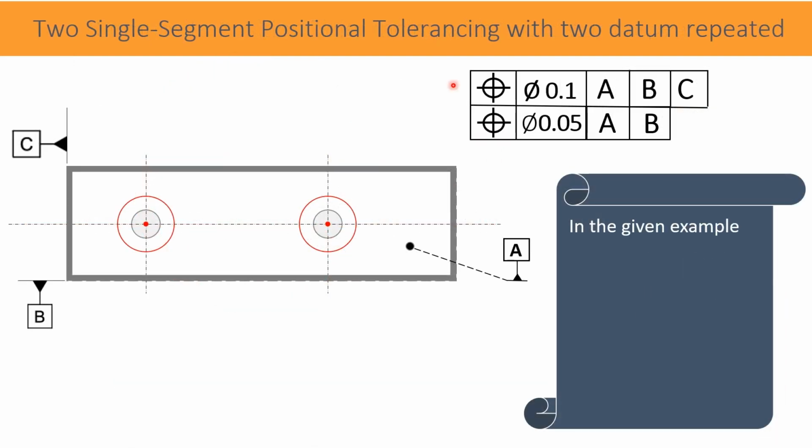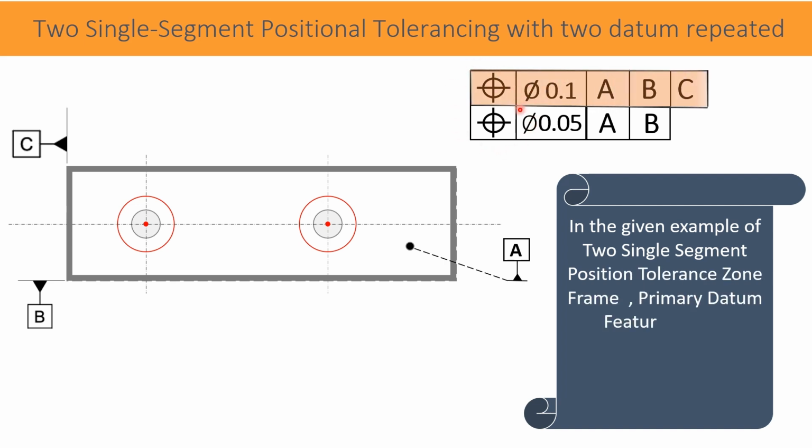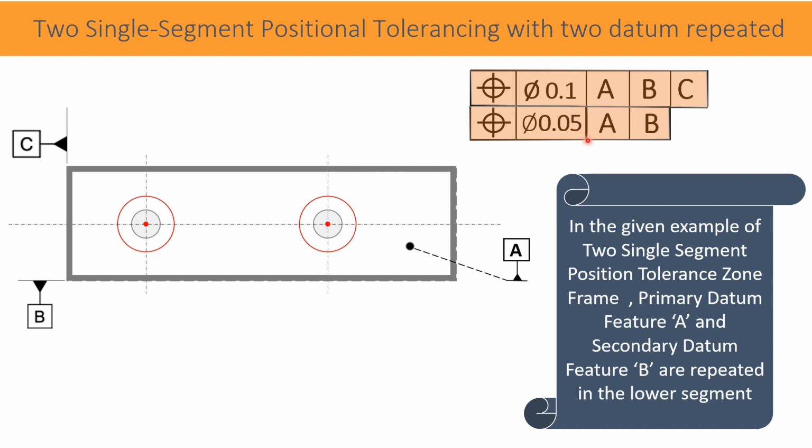Now, let us discuss the two single segment positional tolerance zone frame. In this given example, we have taken a repetition of the primary and secondary datum features in the lower segment. This similarity will help us better understand the comparison to the composite positional tolerance zone frame we already discussed.